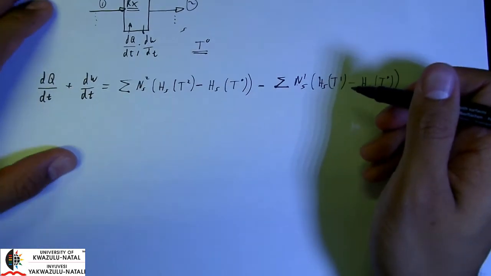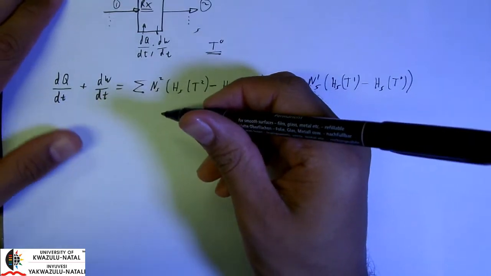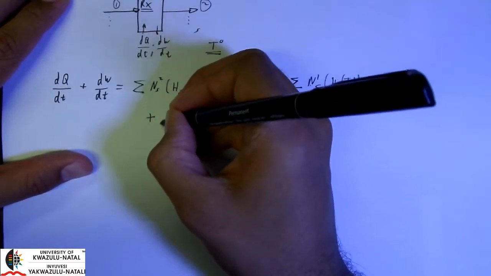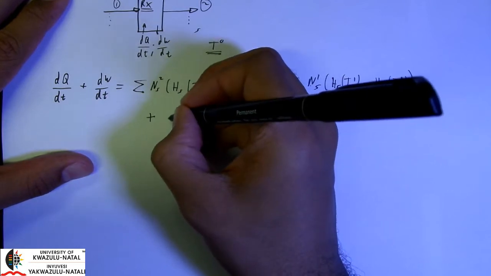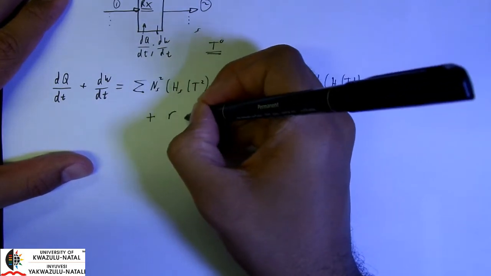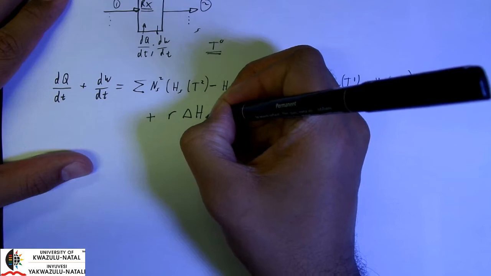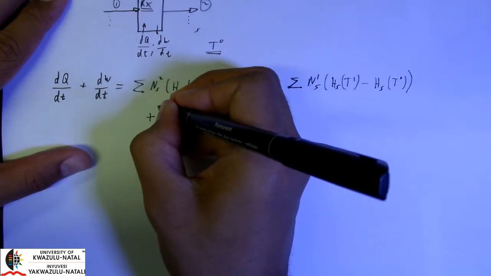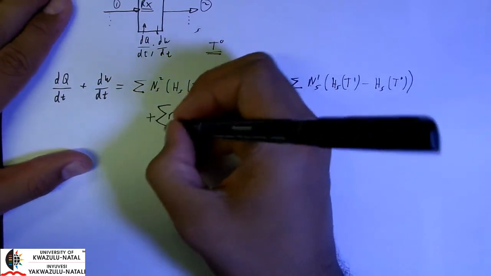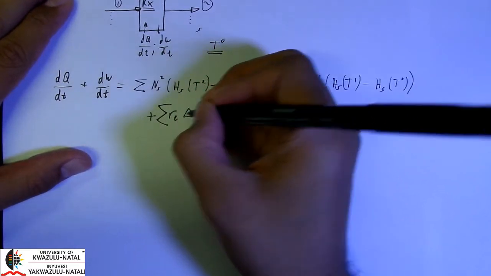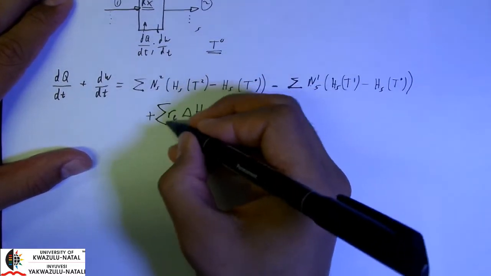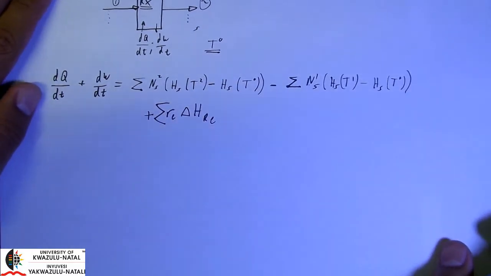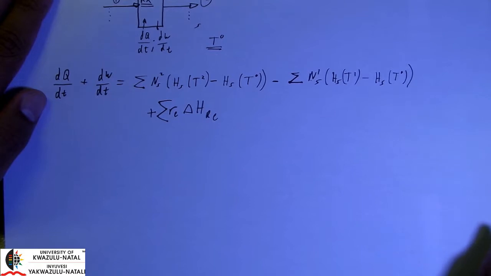Now I need to account for the effect of the reaction, and that is given by R times delta HR. If there are multiple reactions, I would have multiple overall reaction rates with multiple heats of reaction.